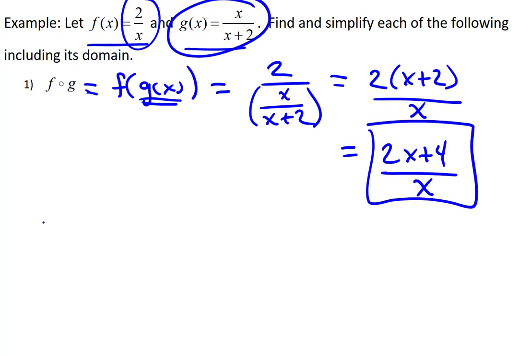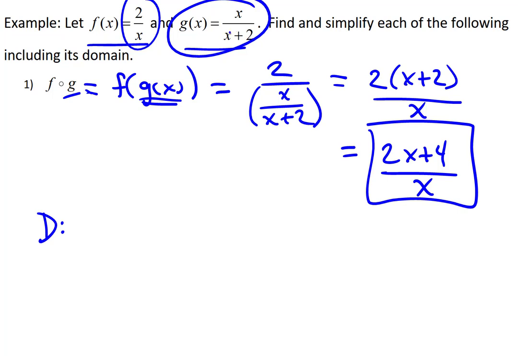Now, to find our domain, we have to consider the two pieces in our definition to put together. First of all, we need to figure out what the inner function is going to pick up from its domain. Well, the inner function in this case is the second one, right? That's g. The domain of the g function, as we can see by its definition here, this is a rational function, is anything that would not cause division by 0.